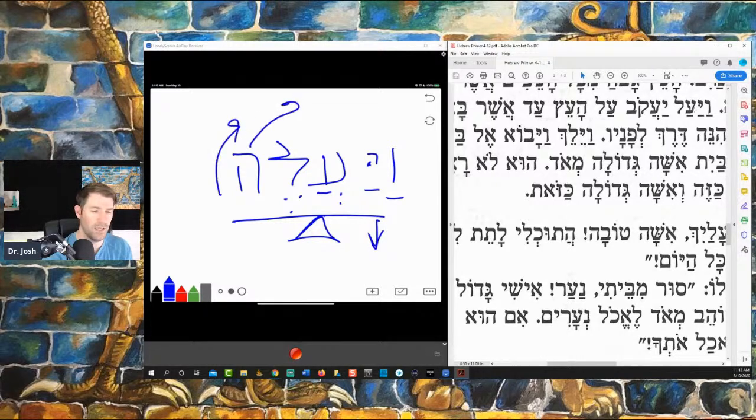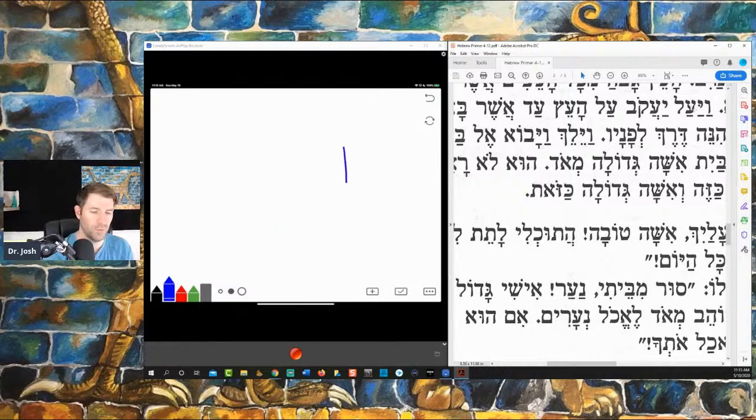This goes this way, and that hey pops right off. I should have made that smaller as it went. Oh well. And you end up with Vaya'al. And that's the form that we have here. So it's Qal, Vav consecutive imperfect, third singular from Ayin Lamed Hey.